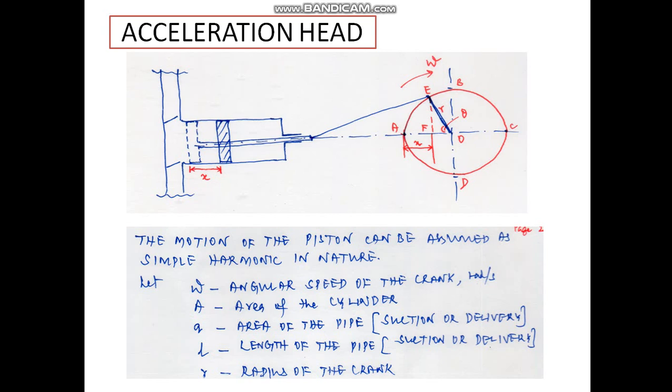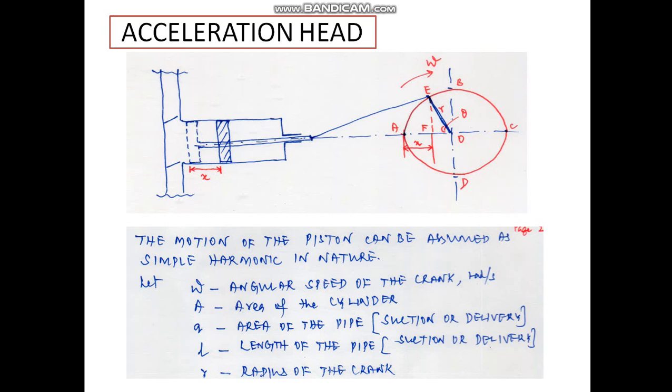The angular displacement is theta, and the same distance x can be drawn here as AF. AF is x, OE is R, the radius of the crank, and capital A is the area of the cylinder, small a is the area of the pipe, suction or delivery. Take it as common, area of the pipe. L is the length of the pipe, suction or delivery. R is the radius of the crank.